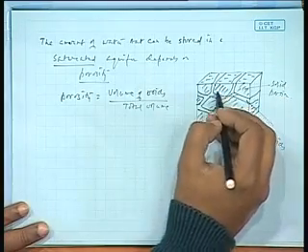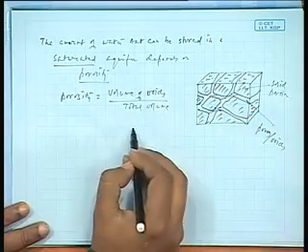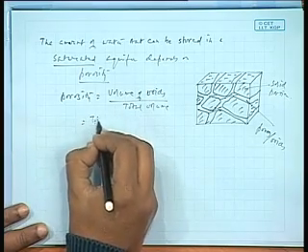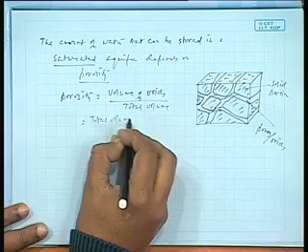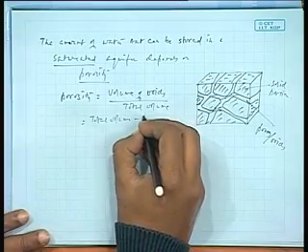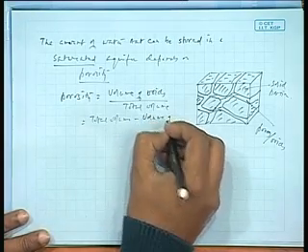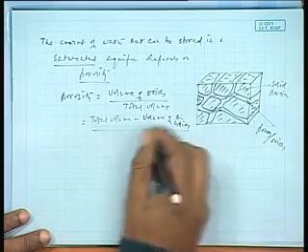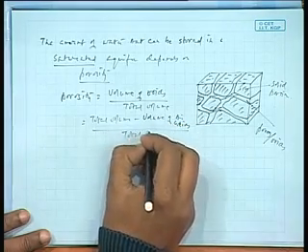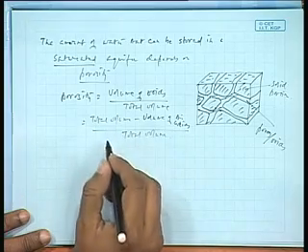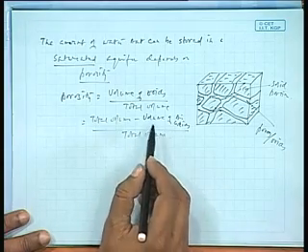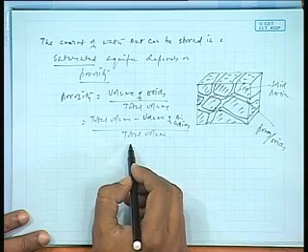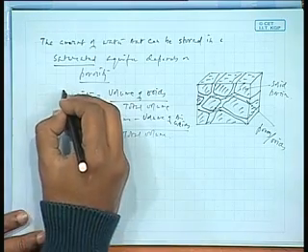So the volume of the voids divided by the total volume, or it can be total volume minus volume of the solids, divided by total volume. Total volume is the volume of voids plus solids. Okay. So this is the porosity.